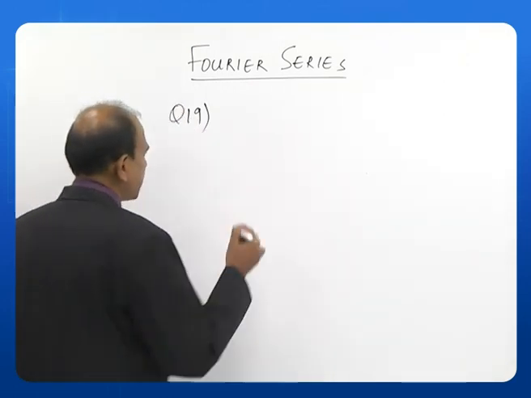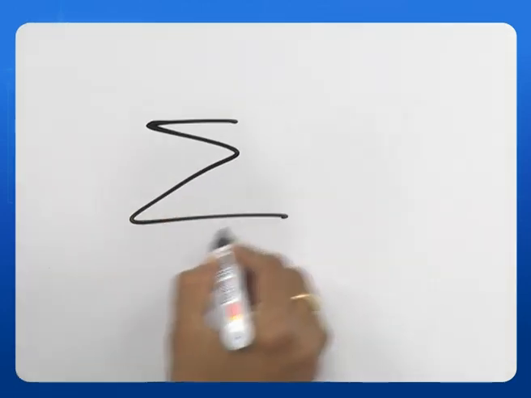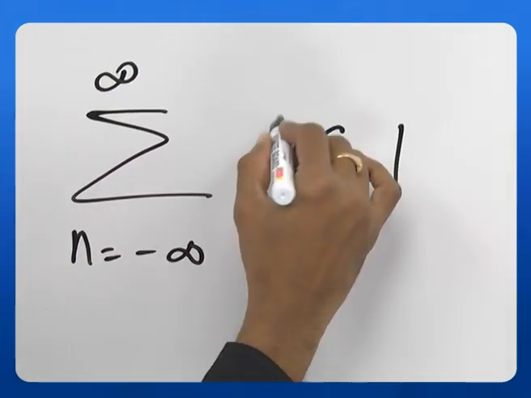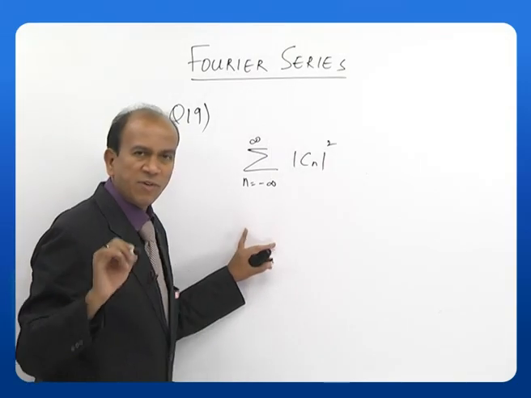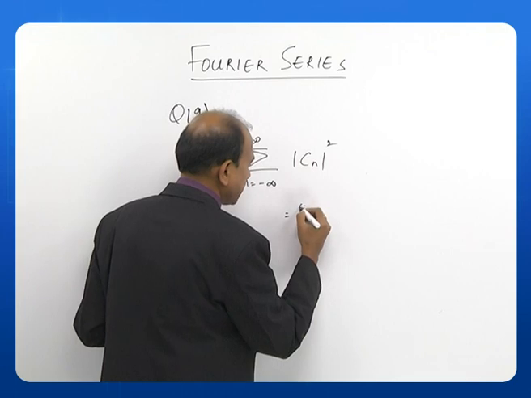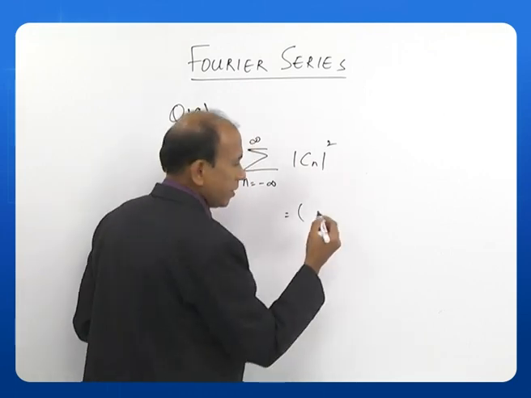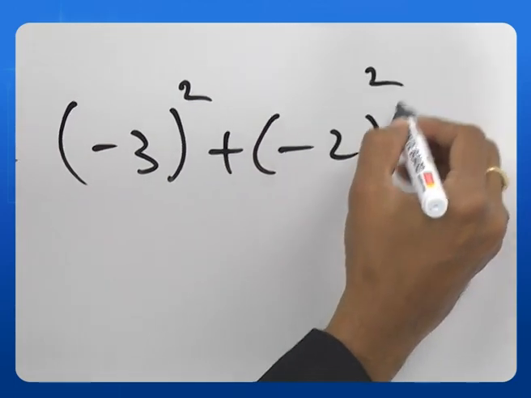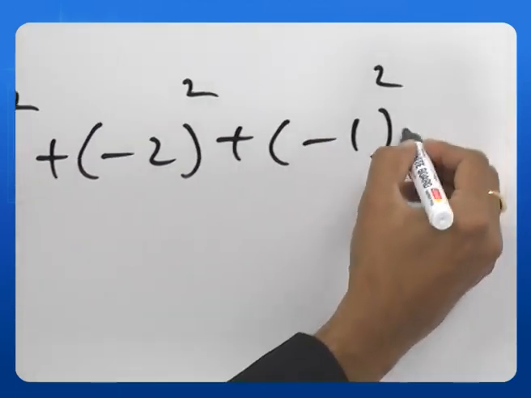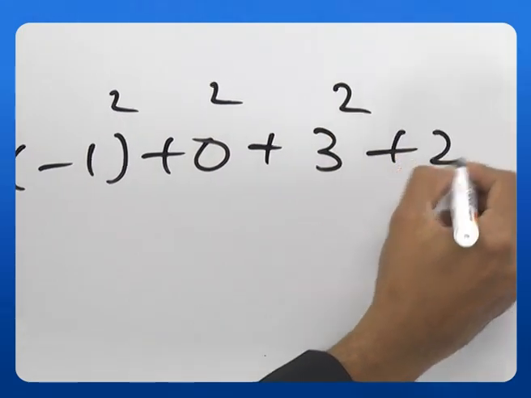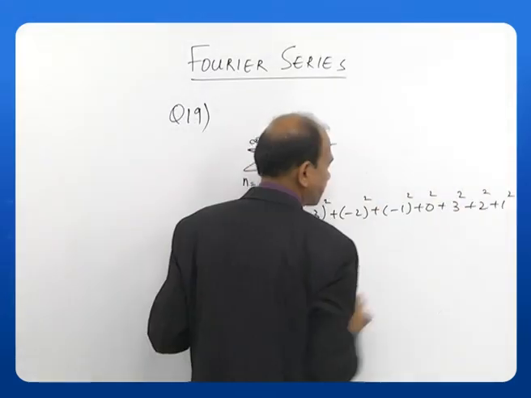So, here using Parseval's theorem, which is a summation from minus infinity to plus infinity of mod Cn whole square. The coefficients are given for us. So, we can put this as minus 3 whole square plus minus 2 whole square plus minus 1 whole square plus 0 square plus 3 square plus 2 square plus 1 square.